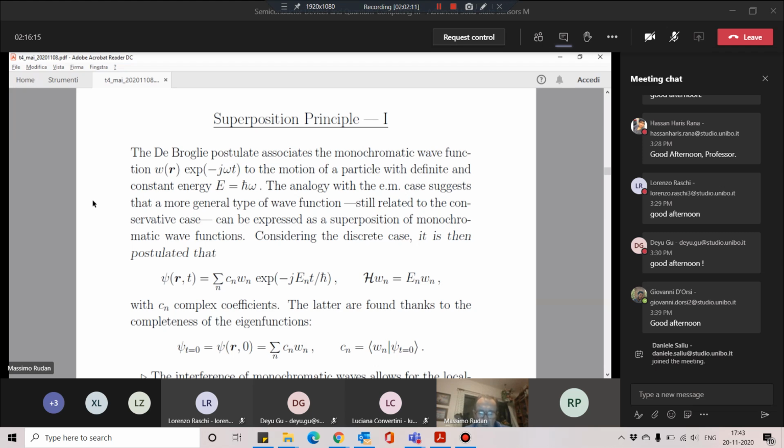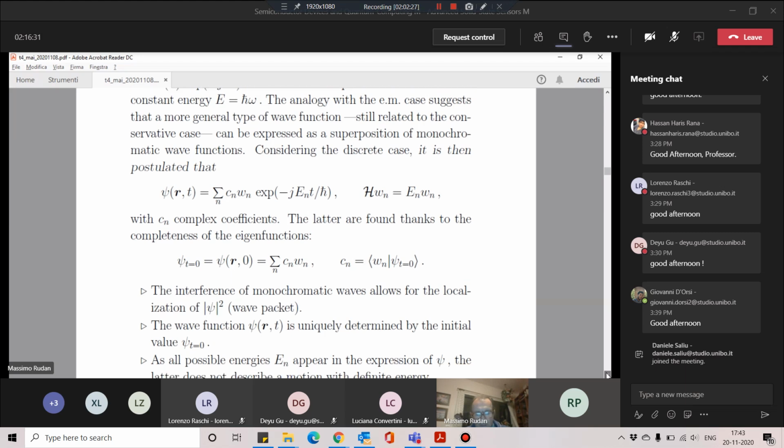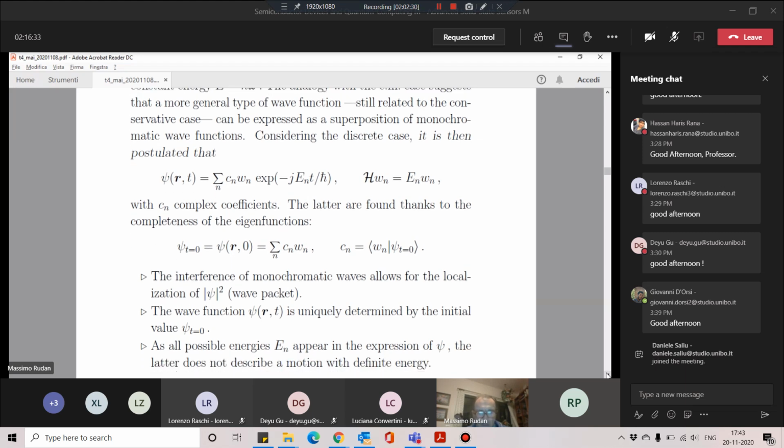Okay, so the coefficients are the projections of the wave function at t equal to 0 onto the eigenfunction W sub n. For the moment, we did not ascribe any physical meaning to the coefficients, but we shall see very soon that they also do have a physical meaning.